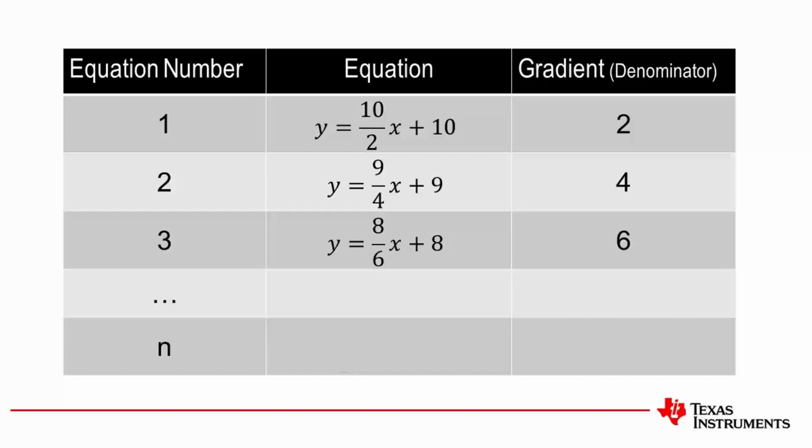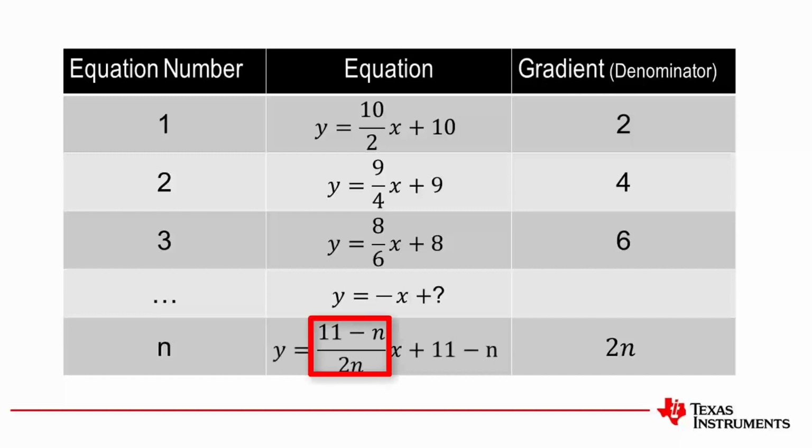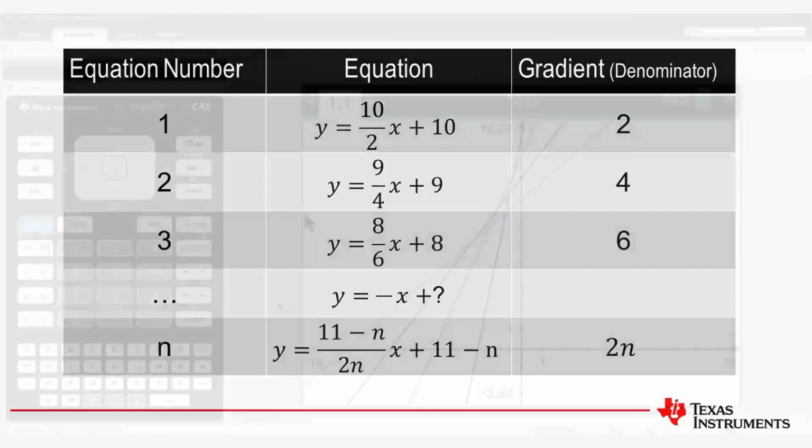These numbers are double the equation number. I can express the denominator of the gradient as 2n. Now I've expressed the gradient and the y-intercept in terms of the equation number n. I can therefore define all my equations in terms of n.